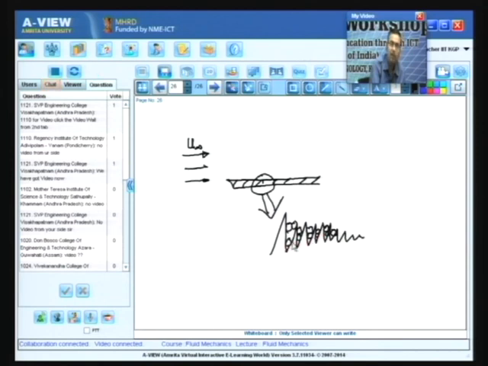So, that means if the solid has a 0 velocity, the fluid will also have a 0 velocity in contact with the solid.